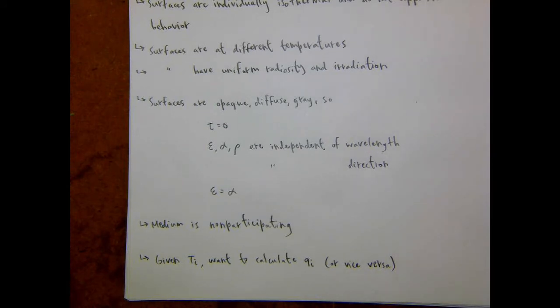Okay, so that's kind of the setup of the problem. We have an enclosure with distinct surfaces that are at different temperatures, and we want to calculate the radiation exchange between them.